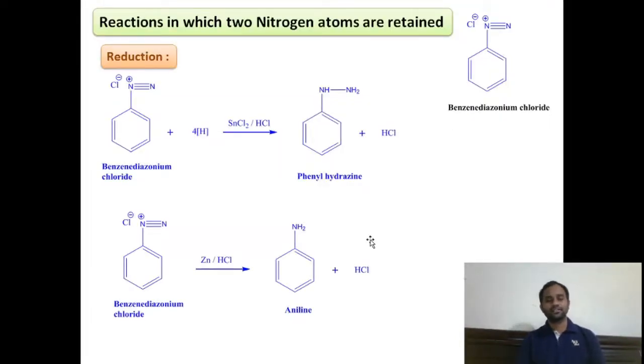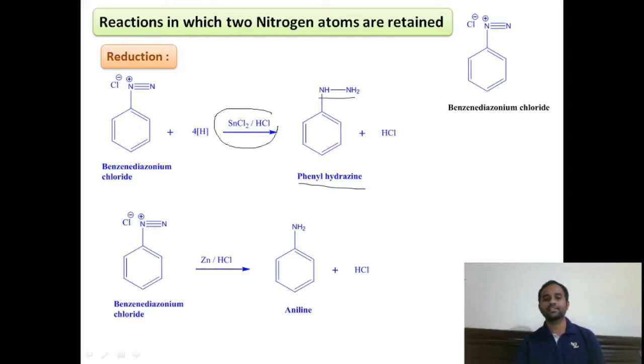You can see here the first one, that is reduction. The benzene diazonium chloride will undergo reduction to give phenyl hydrazine, in which the two N atoms are retained on the benzene nucleus itself.